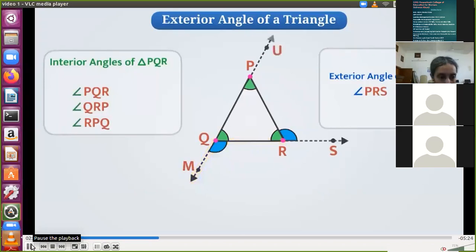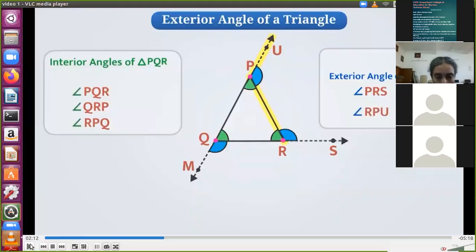Now we have extended another line, that is QP is extended to U, and by extending the line we have got another exterior angle. What is this called? That is RPU. RPU, we have got another exterior angle.